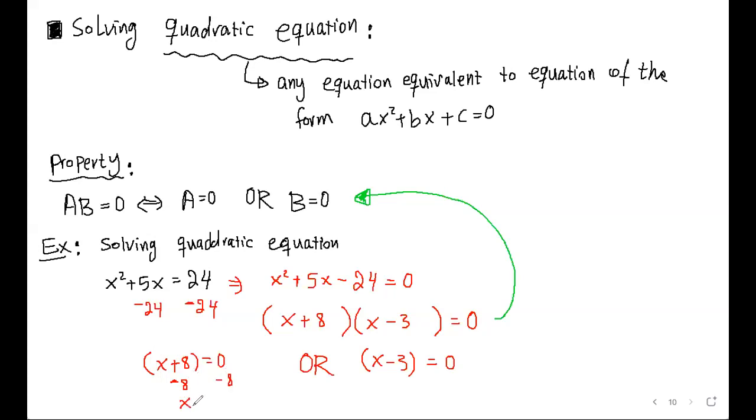What do I get? x equals negative 8. For the second one, you want to add 3 to both sides. I get x equals 3. And this is my answer. So by these steps, I can solve any quadratic equation.